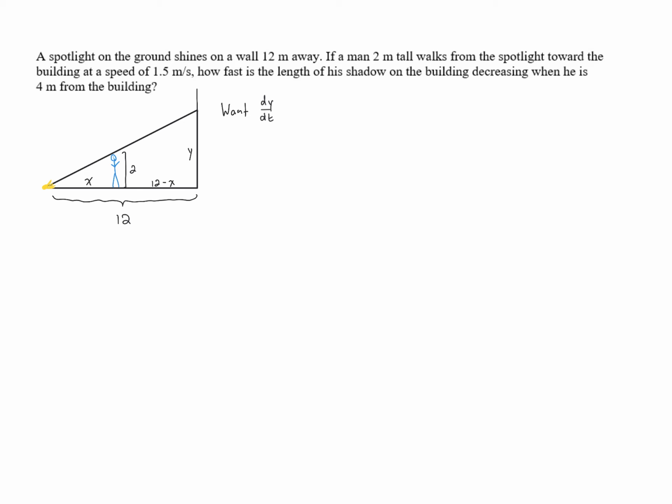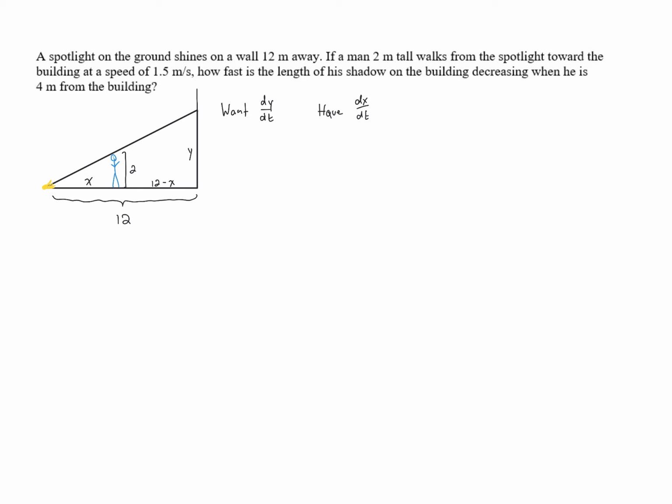And the rate that we're given is that he is walking from the spotlight towards the building at a speed of 1.5 meters per second. So we have the rate of change of x. We have dx over dt. So what we're going to want is a relationship that relates x and y that we can differentiate implicitly to get a relationship between dx and dy.